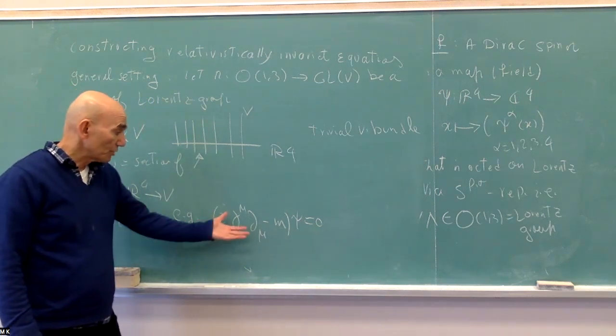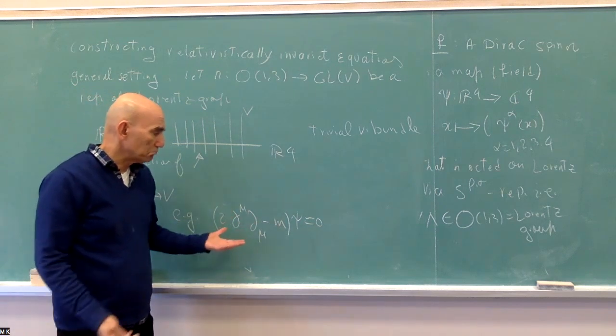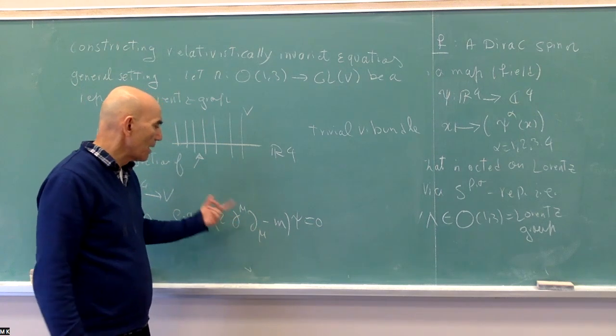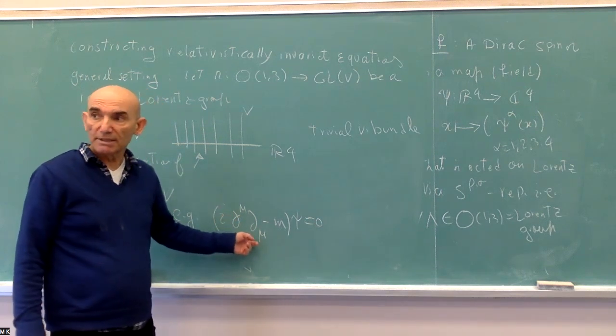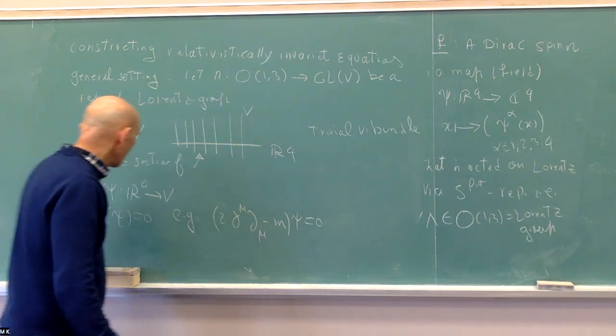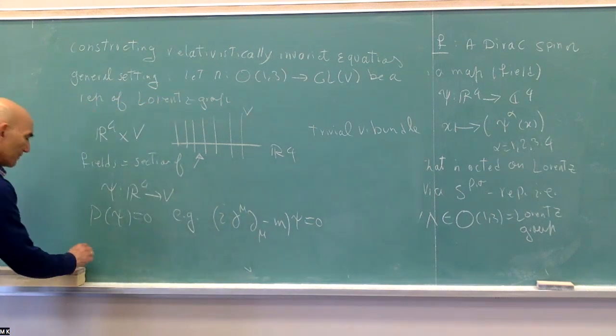If you just look at it as an equation, it's nothing special, but we want to check that this is relativistically invariant. So what does it mean to say that P is relativistically invariant?